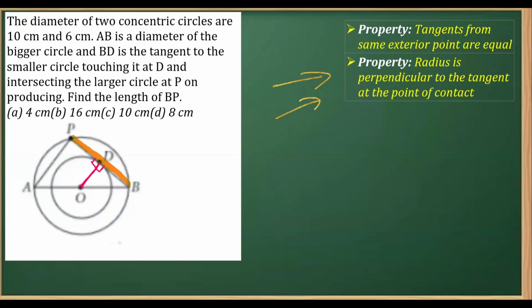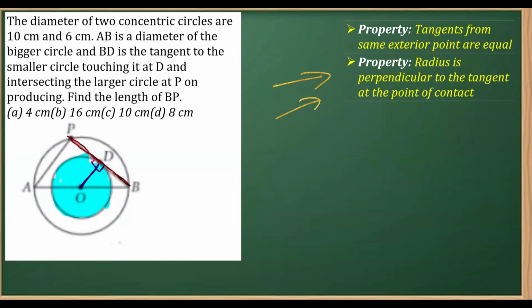Now, I'm talking about the inner circle, right? So you must focus. We are talking about this inner circle here, because this is the radius of the inner circle. For the inner circle, you can figure out that this is a tangent, and OD is the radius.